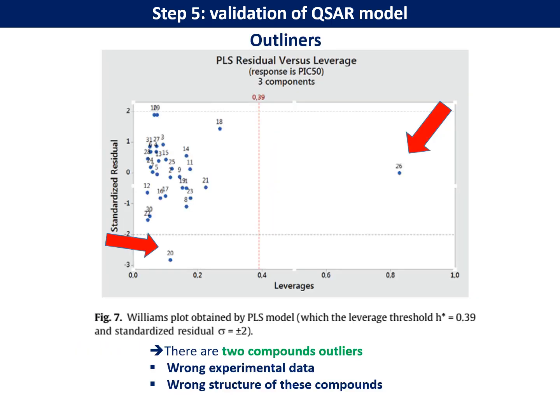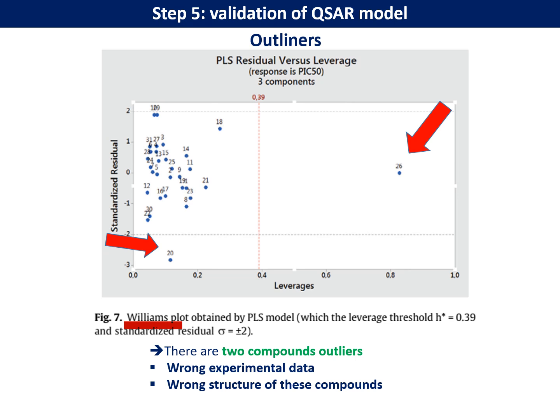Next, you need to check the outliers, because some compounds have higher or lower IC50 compared with the common ones. Here you need to use the Williams plot, conducted with the partial least squares model.